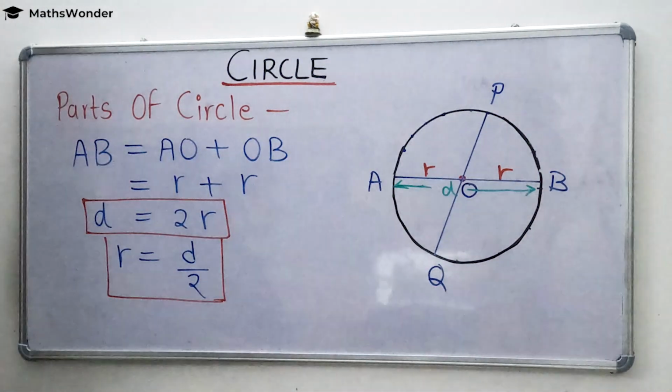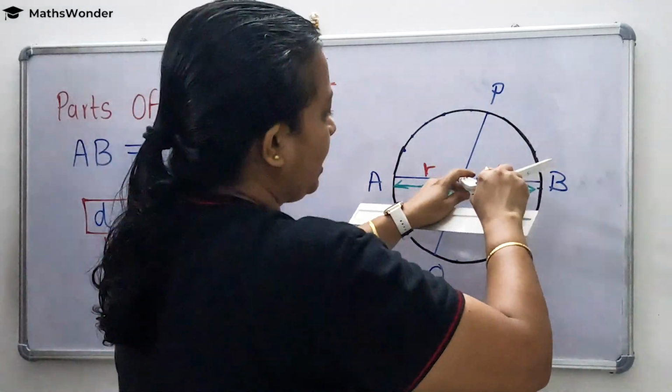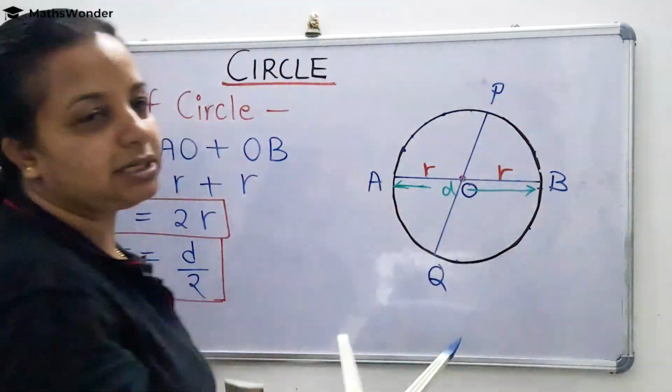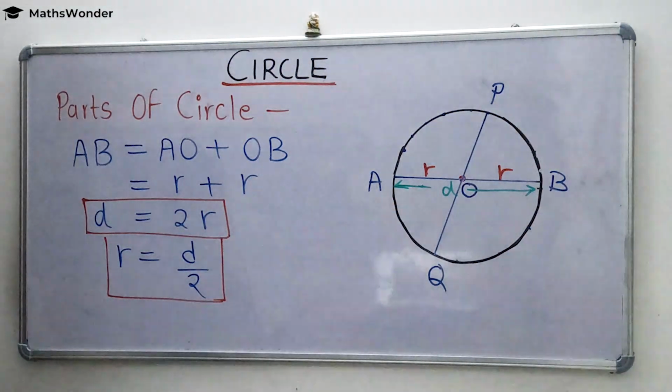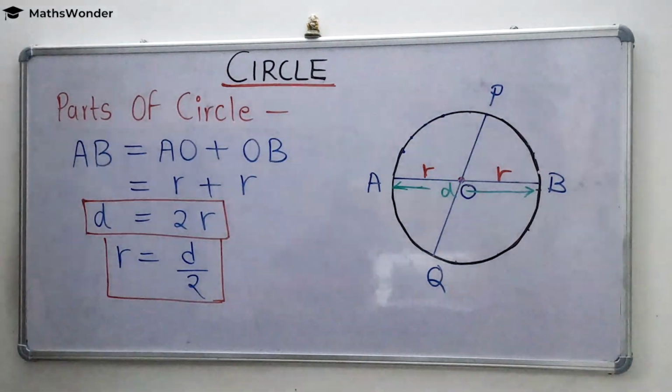Suppose I have to draw a circle of 2 centimeter. I measure 2 centimeter and draw like this. So the radius is 2 centimeter because we are using the rounder.